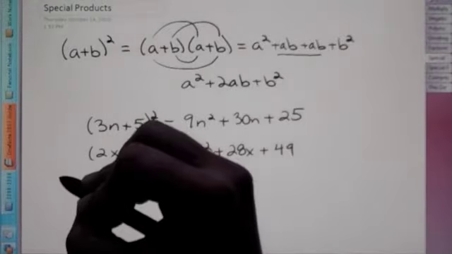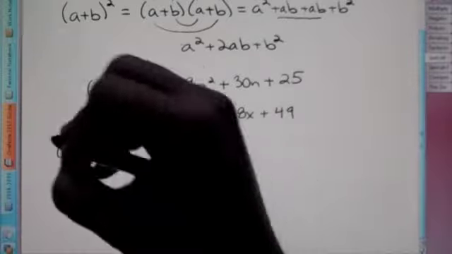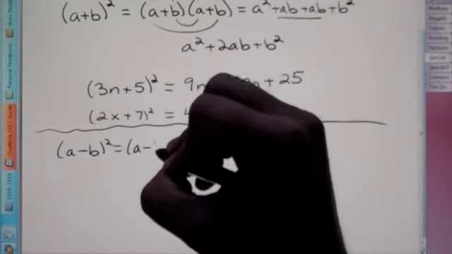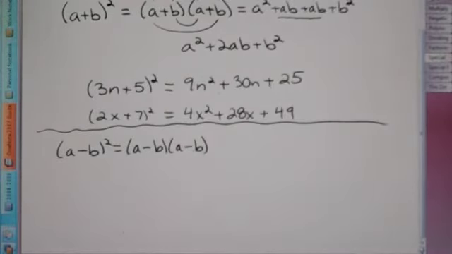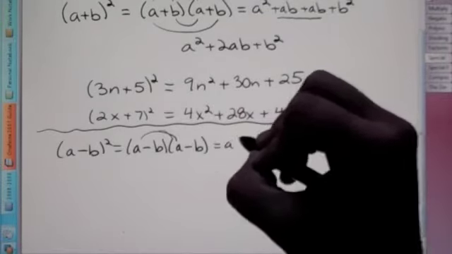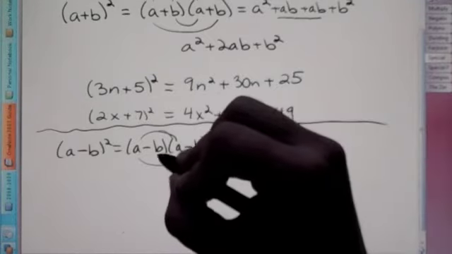Now there's two more. The next one is (a - b) squared. Okay, now if we were to FOIL this out, again, this is the same thing as saying (a - b) times (a - b). So if we were to FOIL this out, it gives us a times a, which is a squared. A times negative b is negative ab.